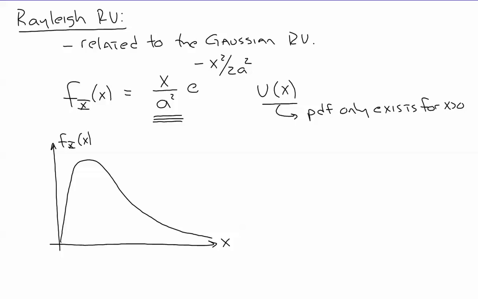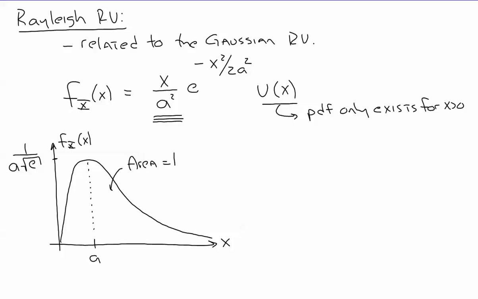Turns out that the peak is at point a, and the maximum value is, you can plug in a in the PDF relationship, and you can see that the peak is 1 over a times the square root of e. As with all proper probability density functions, the area under my curve is exactly 1. It's unity.